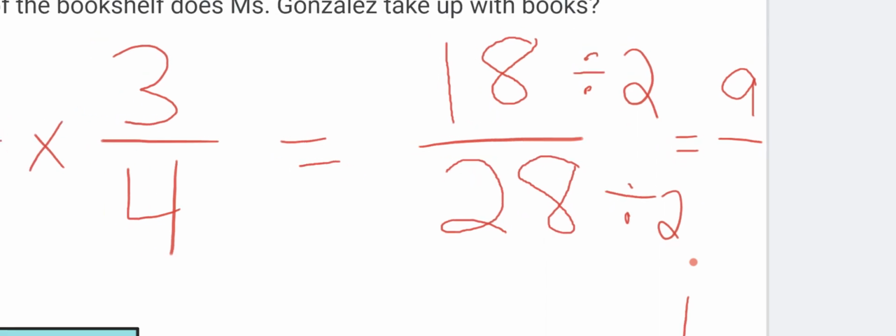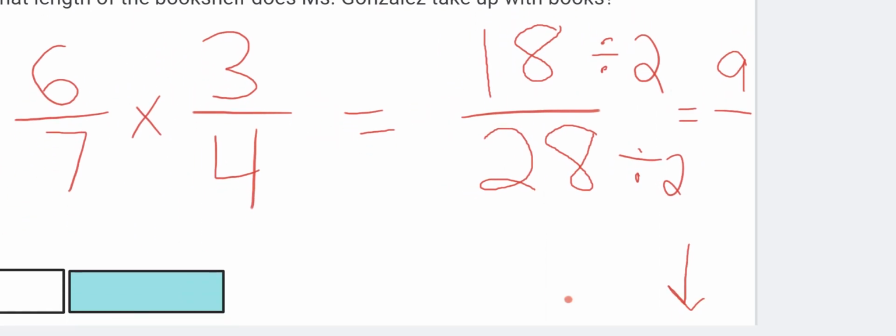Now this one's a little bit trickier. I'm actually going to divide 28 divided by 2. I know 2 can go into 2. 2 times what gives me 2? That would be 1. And then I also know 2 can go into 8. 2 times what gives me 8?